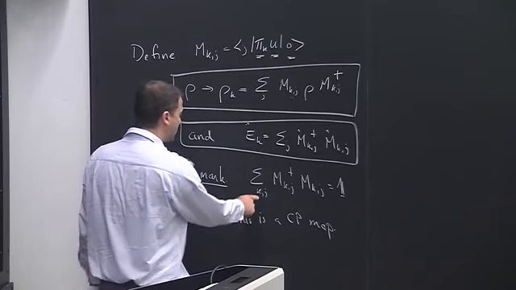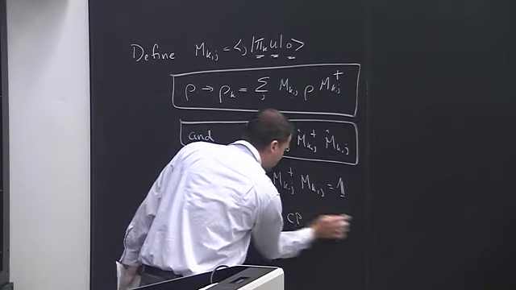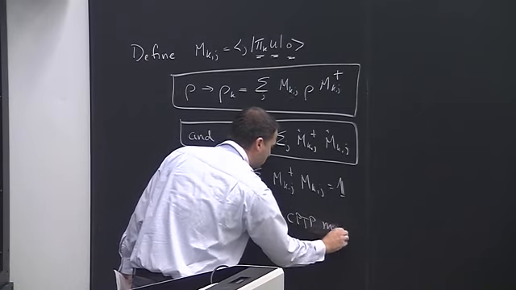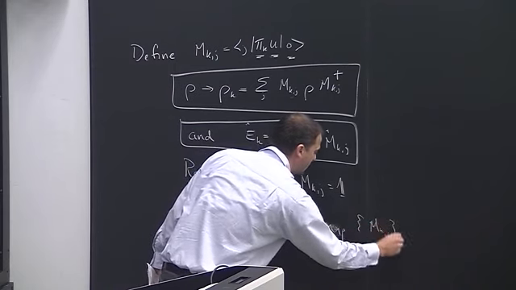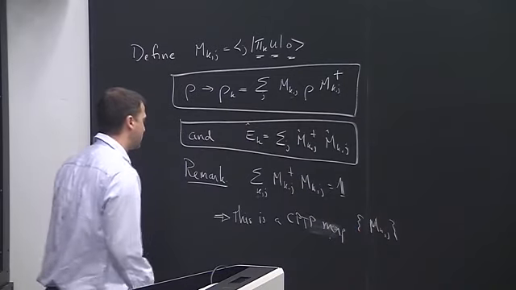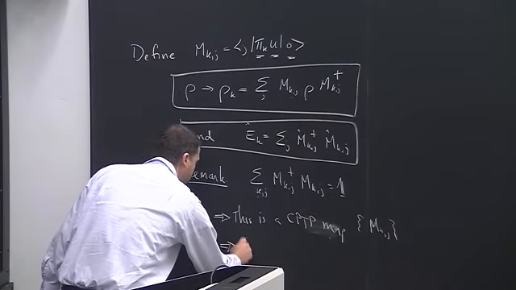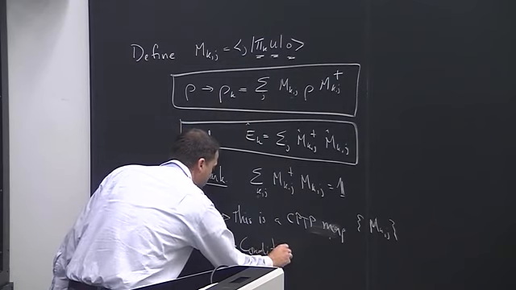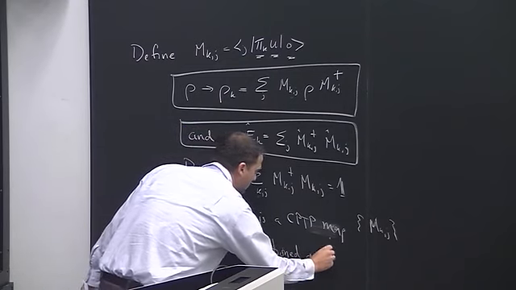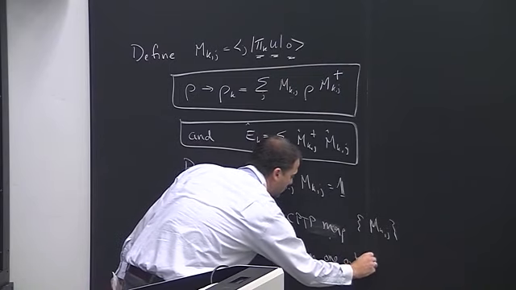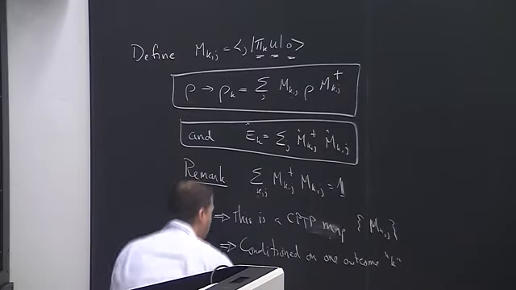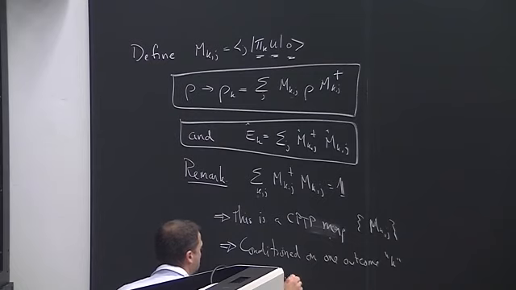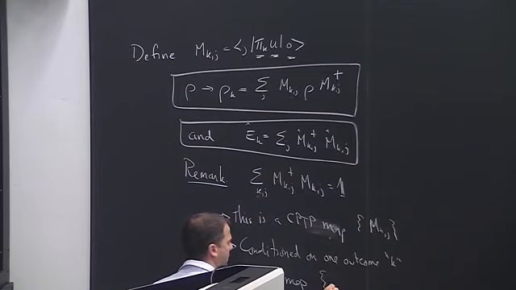Okay, so if we sum over k, we get a CP-TP map defined by Kraus operators M_{kj}. And conditioned on one outcome, some outcome k, then we don't sum over k, we get a CP map, a CP map for a particular k.